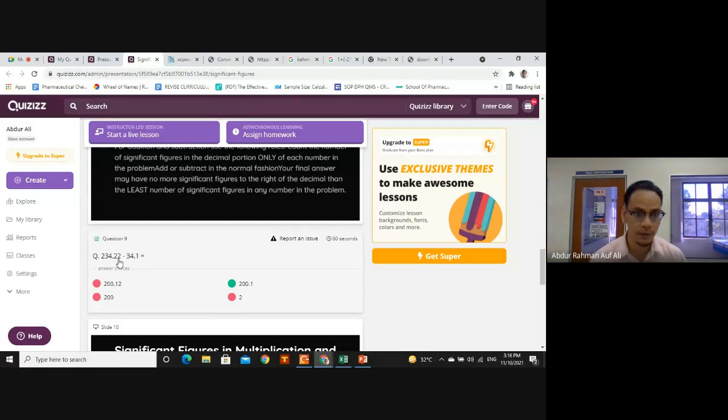So for example, kalau somehow in the lab kamu buat kerja-kerja calculation, you find yourself you need to tolak these two values ya. 234.22 kena tolak dengan 34.1. So kamu punya final answer tu should be dalam 2 titik perpuluhan ke 1 titik perpuluhan.